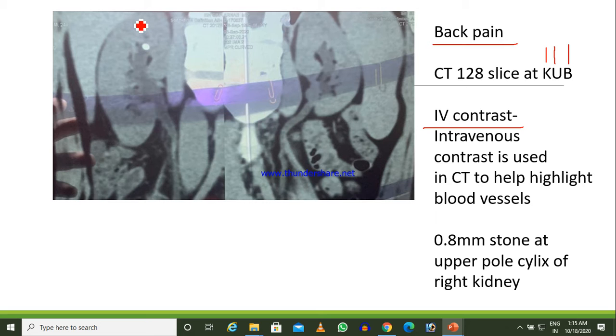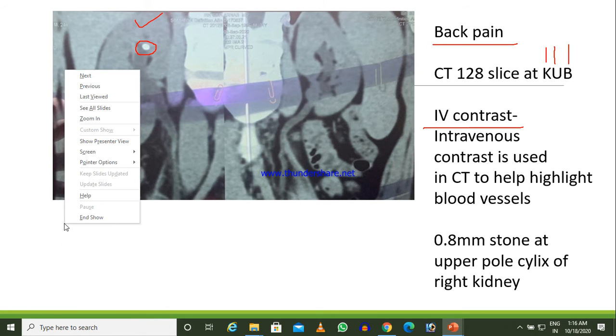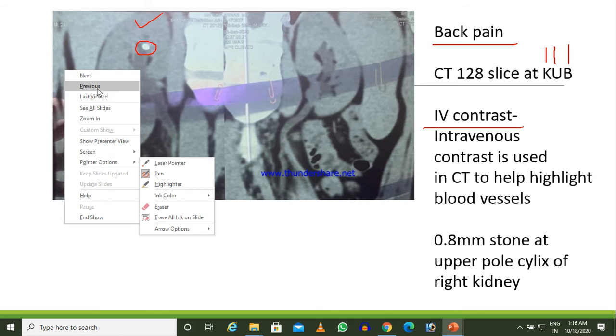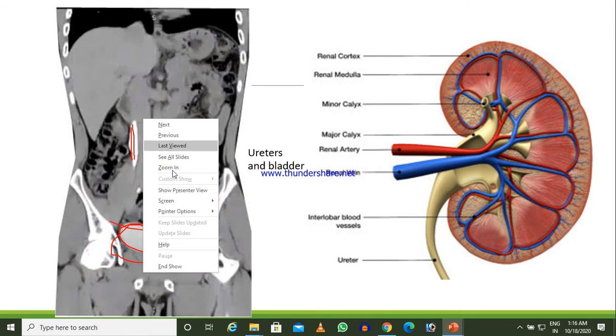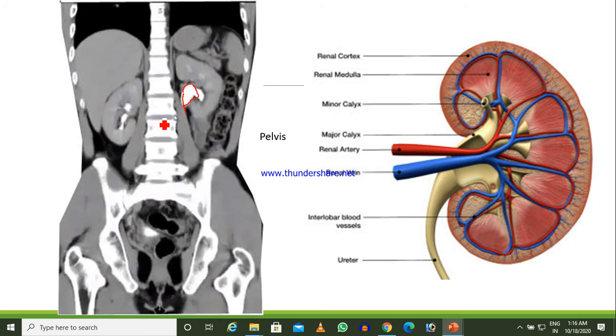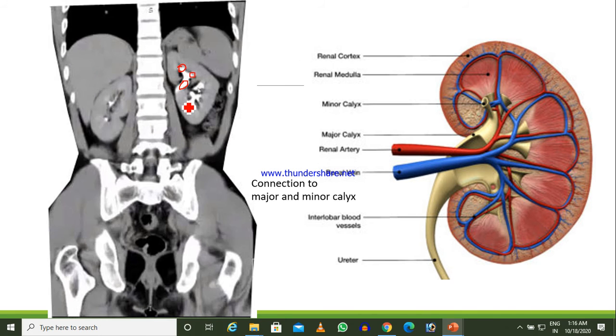And now you see in the right kidney, near the superior renal capsule, at the region where the connection to the minor calyx is, you can see these are the connections to the minor calyx.